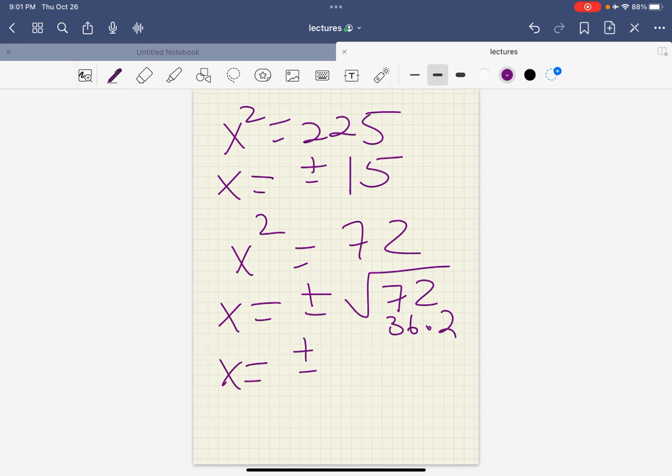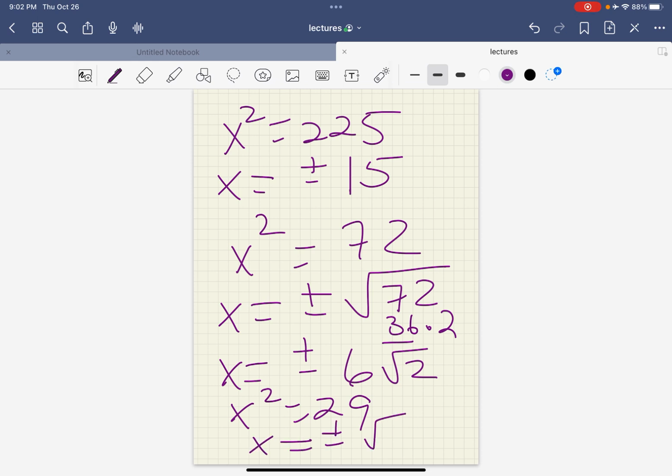So this becomes plus or minus the square root of 36 comes out, and the 2 stays underneath. And then the last one there is x squared is equal to 29. Well, that doesn't simplify at all. So x equals plus or minus square root of 29, and you just leave it that way.